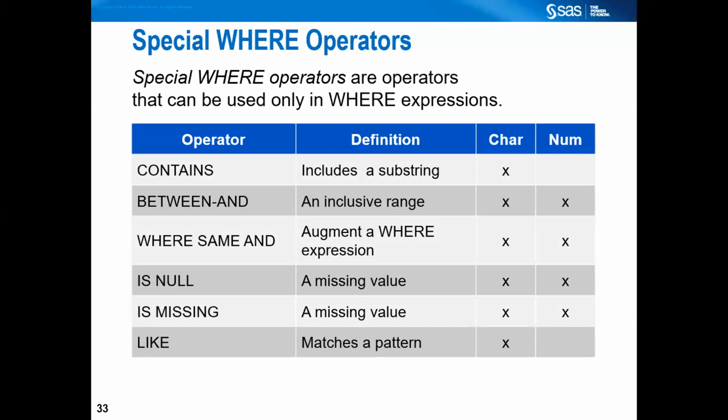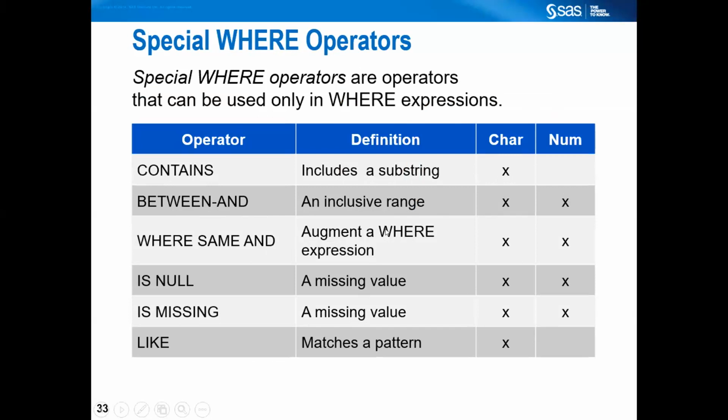So you have special WHERE operators. We saw contains, which works only on character columns. BETWEEN AND can also be used, where you include the range. Both can be used for character and numeric columns. Then WHERE SAME AND is an augment of WHERE expression, which can be used for both character and numeric. What is this WHERE SAME AND?